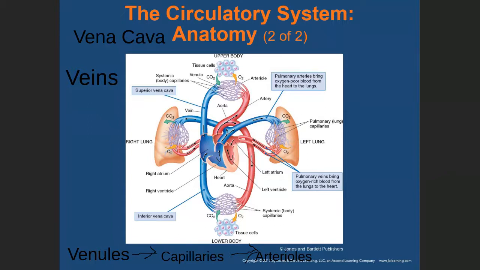At the level of the capillaries, it is one cell at a time that passes, right? The capillaries are permeable, so they will allow the movement of oxygen and carbon dioxide at that level.